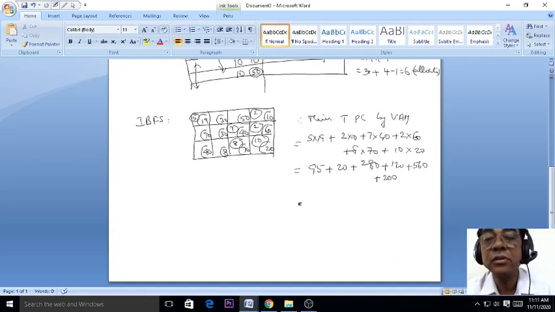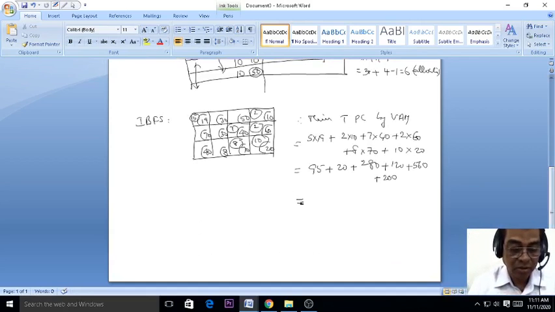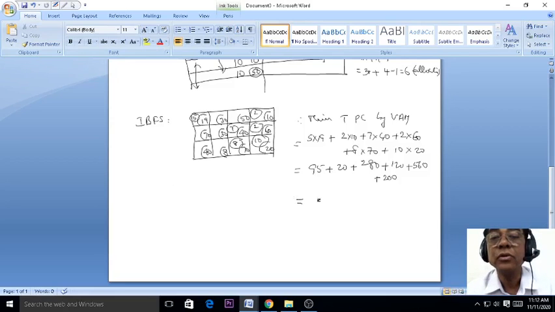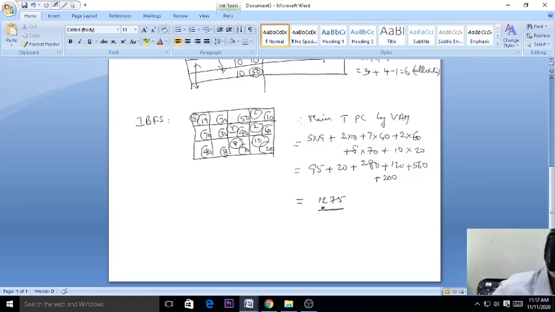This is equal to 95 plus 20 plus 280 plus 120 plus 560 plus 200. So 1275. 1275 is the answer.